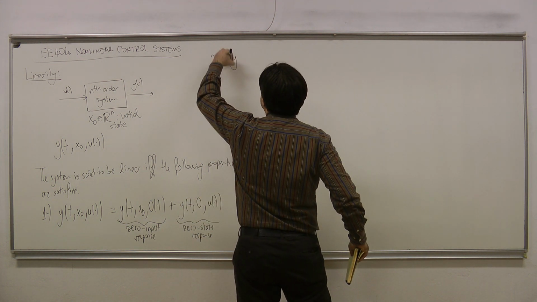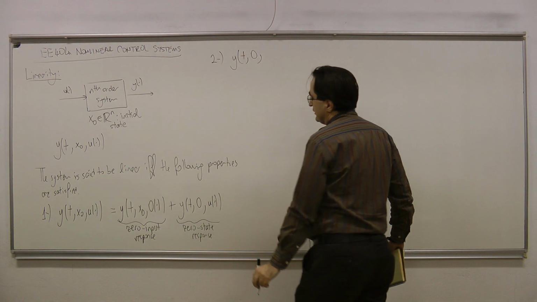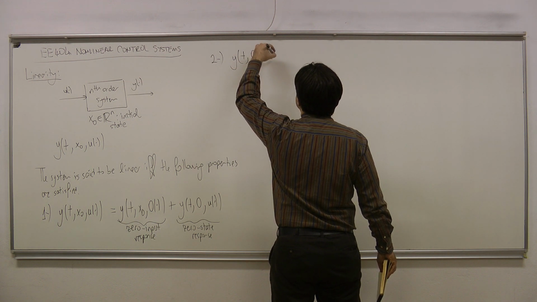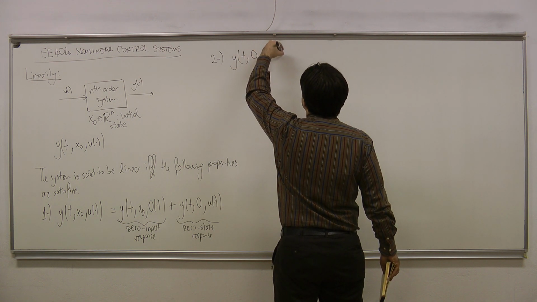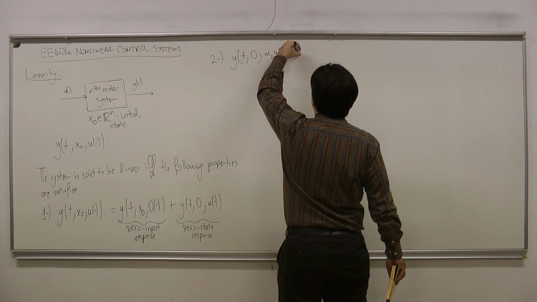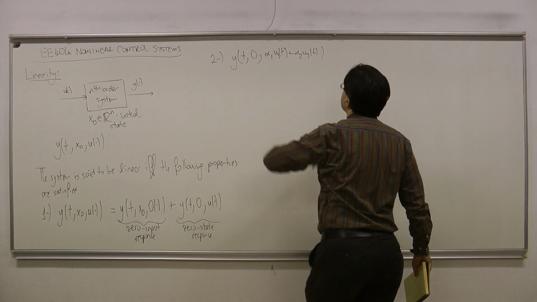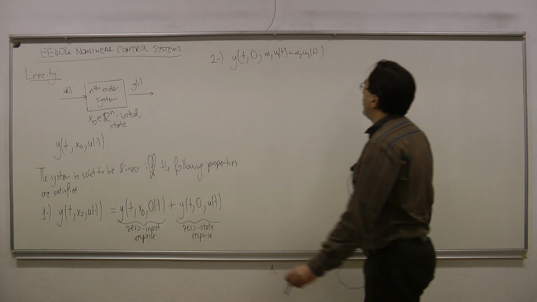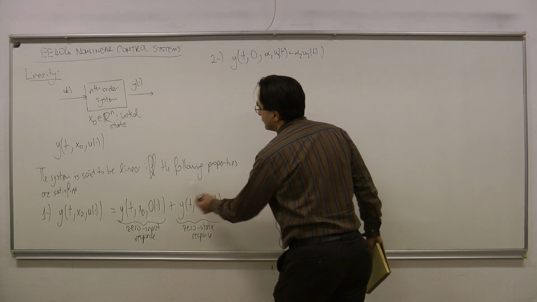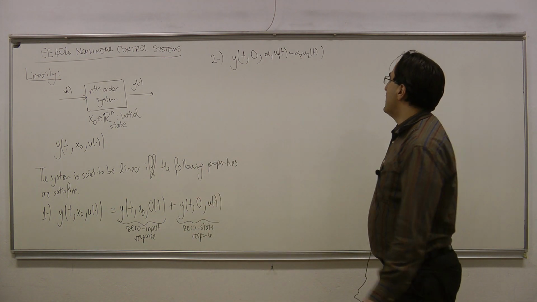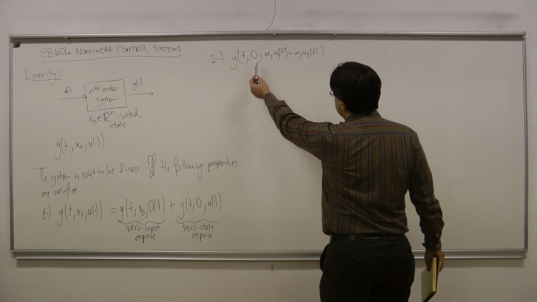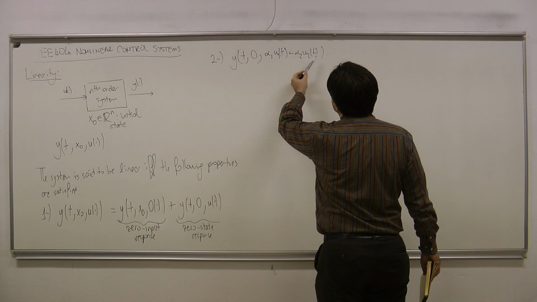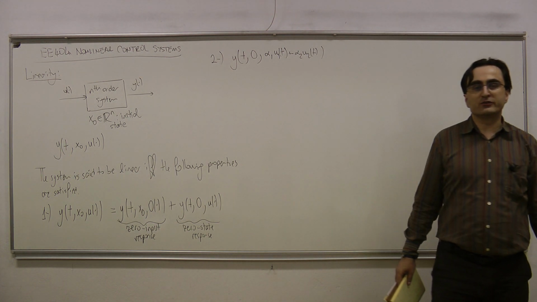Okay? Suppose that I look at the zero state response of the system for an input which is a linear combination alpha 1 u1 of t plus alpha 2 u2 of t. I am now concentrating only on the zero state response of the system. And I look at the response that I would get for zero initial state and a linear combination of some input functions.